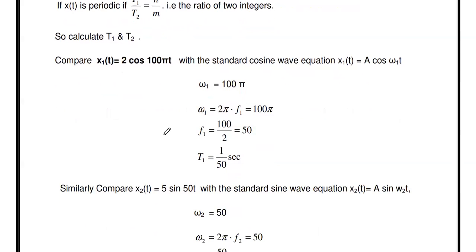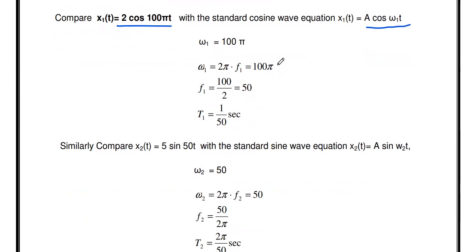In order to find the time period T1, compare the given signal with the standard cosine waveform. What is the standard cosine expression? A cos omega t. When we compare these two, in the place of omega we have 100 pi. So omega 1 equals 100 pi. What is omega 1? 2 pi f1.